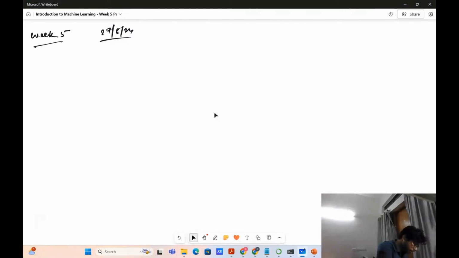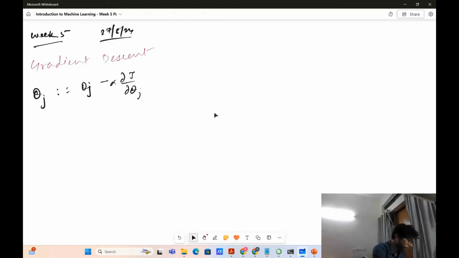So it is the gradient descent algorithm. The algorithm is theta j equals theta j minus alpha times del J del theta j, right? So what is your cost function?